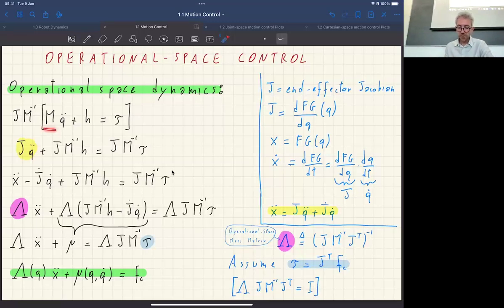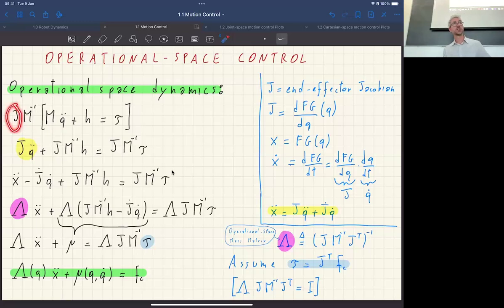So we write down the dynamics of the robot in joint space: M q double dot plus h equal to tau. And then I'm going to pre-multiply on the left both sides of the equation by J M inverse. M inverse is, of course, the inverse of the mass matrix, which we know exists because the mass matrix is positive definite.